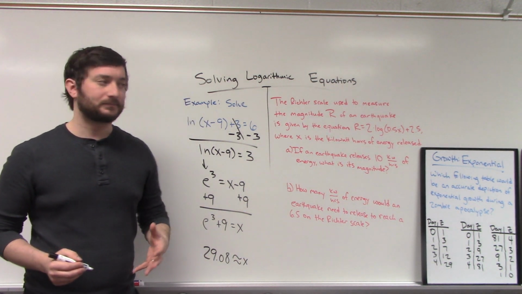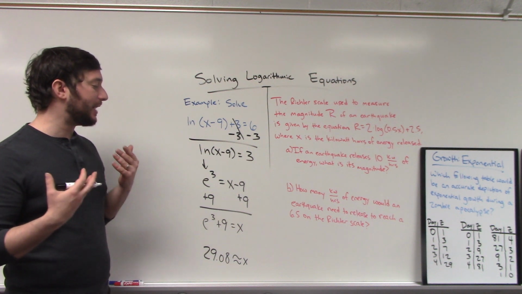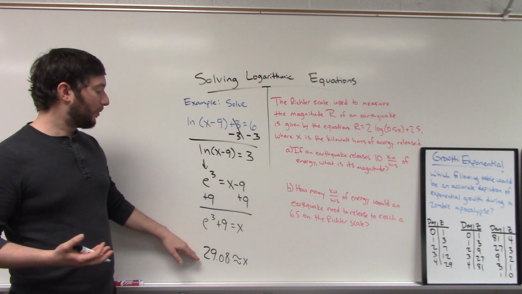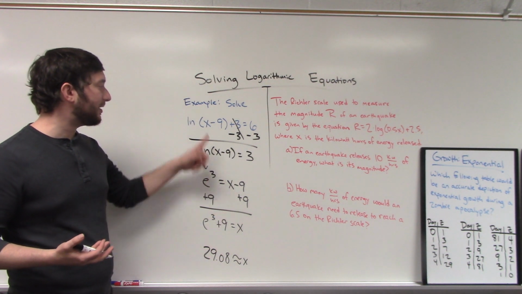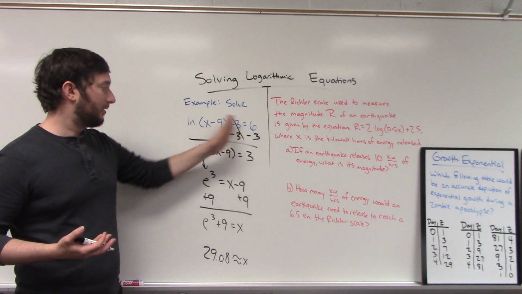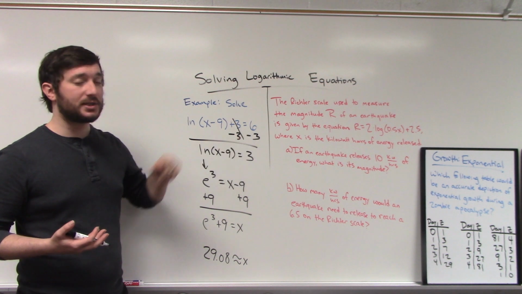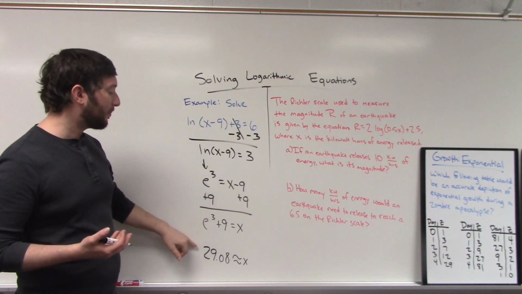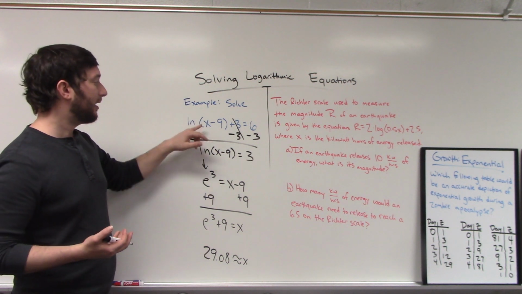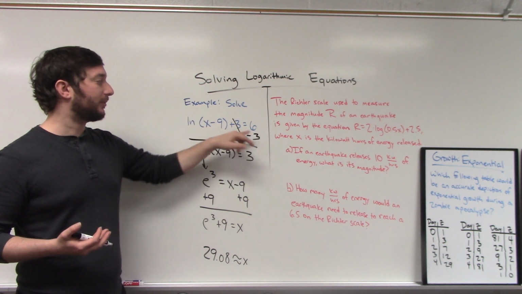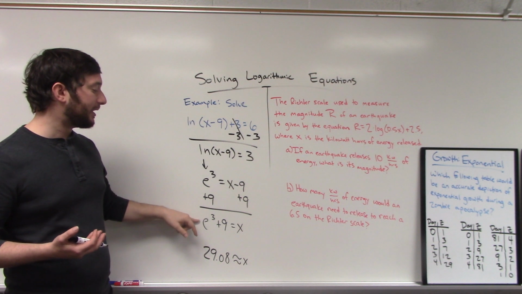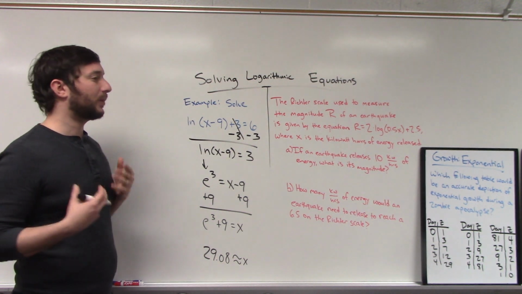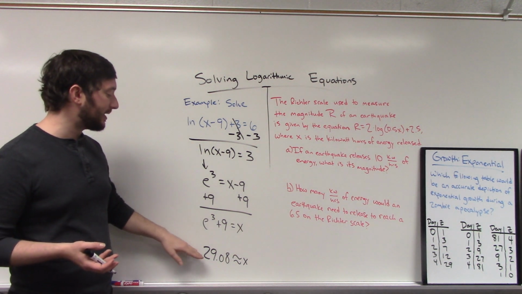And because you do have to round this to a certain decimal, if you try to plug this back into your original problem, the left side will be very close to 6, but it might be a little bit more or a little bit less than that. Again, this is an approximation. So it's going to approximate back to this original equation. This right here is more exact: e cubed plus 9. That's the more precise answer. This is the approximate decimal answer.